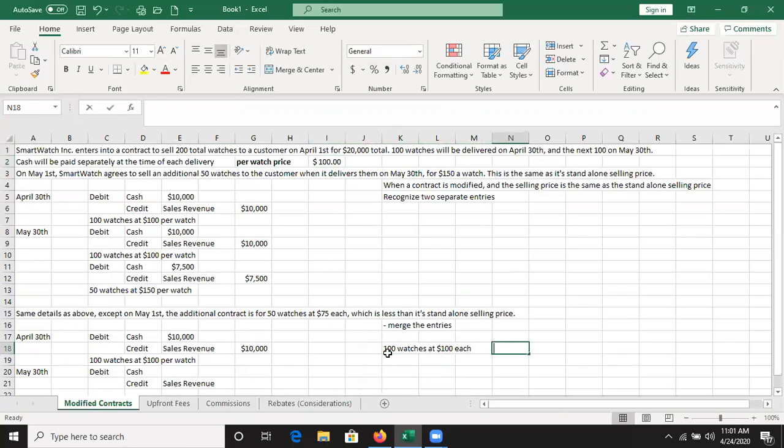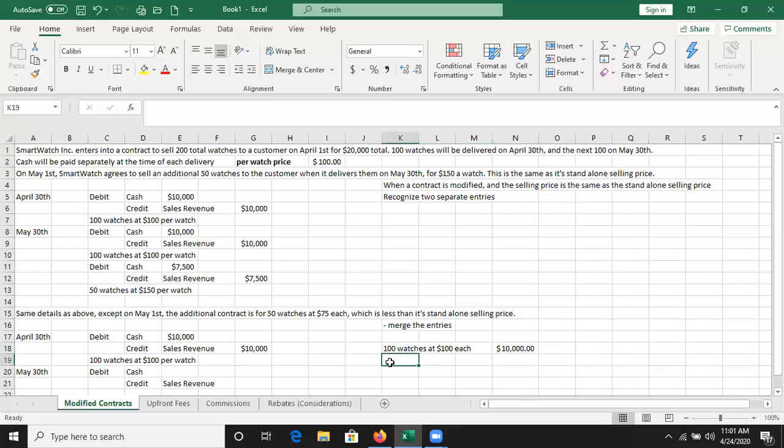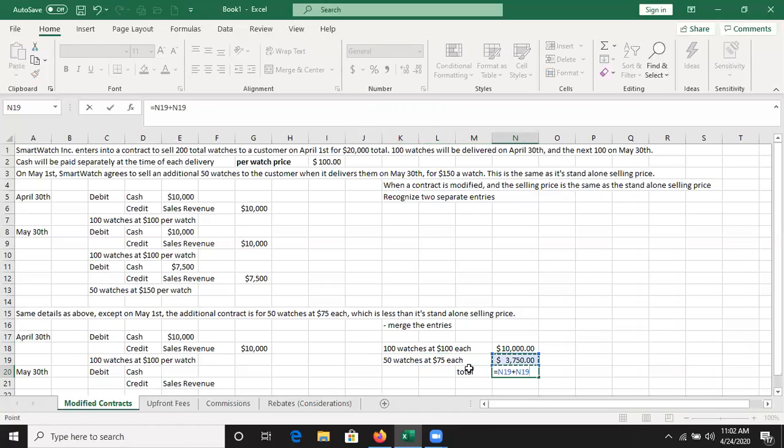So that total equals 100 times 100 for $10,000. And then we're also giving 50 watches at $75 each. So that's going to be 50 times 75, or $3,750. Okay, so the total is going to be $13,750.